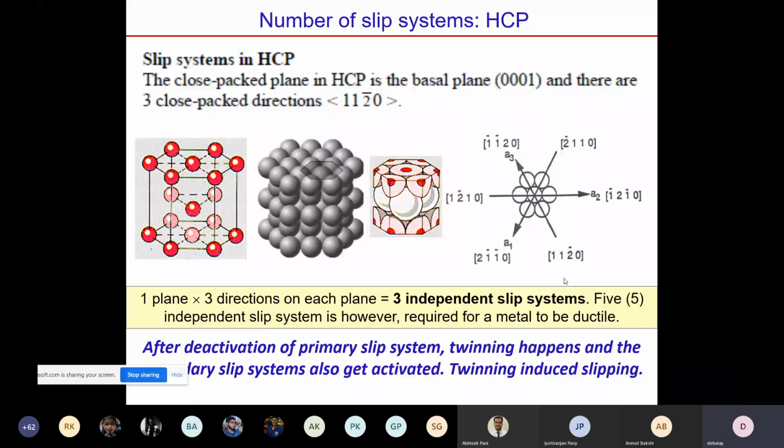On {111} in FCC, how many slip directions lie? 3. Yes.